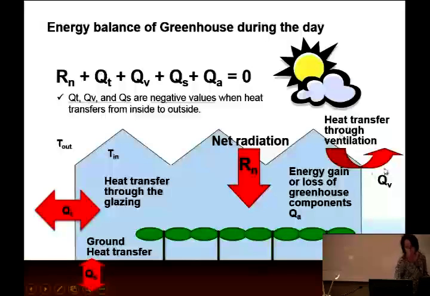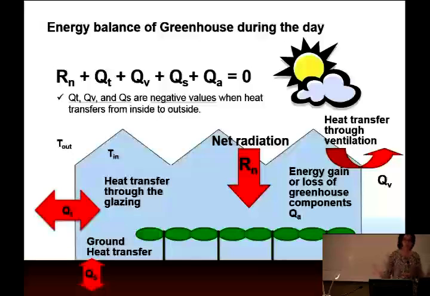And then when the temperature is too high, you often want to reject the heat by ventilation. So the ventilation heat transfer, removing heat from inside to outside, is also a big component in the greenhouse, right?